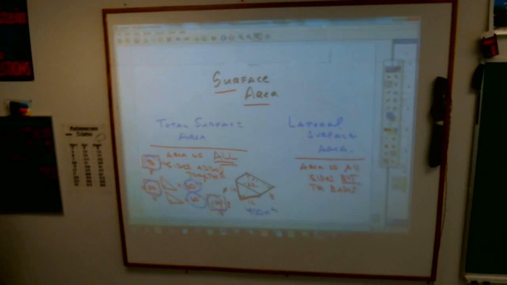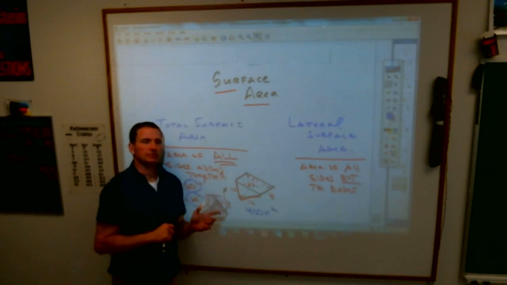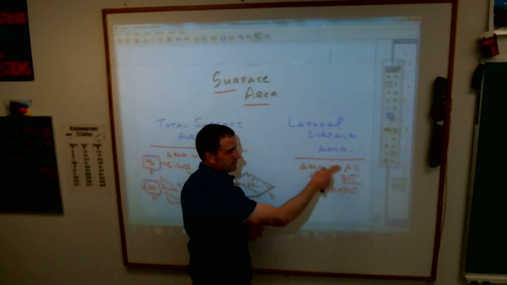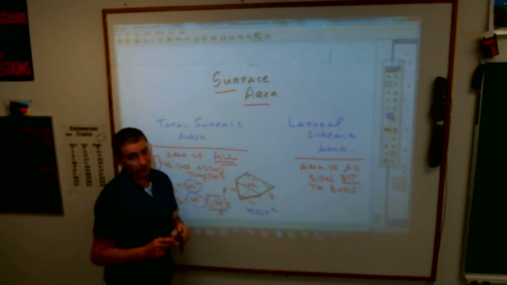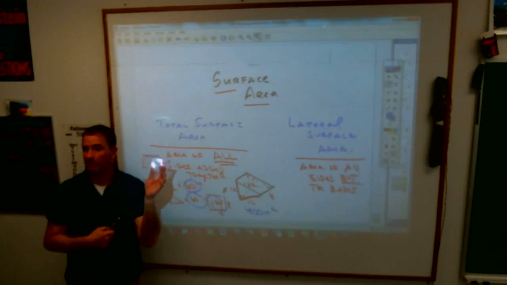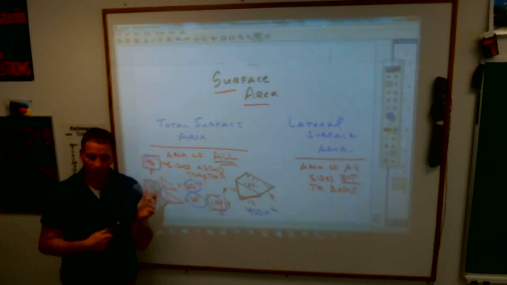How is that different than lateral surface area? Lateral surface area is the same exact thing, except you don't count the bases. We really call it the area of the sides, but in order to do lateral surface area, you must know what the bases are. When you think of bases of three-dimensional shapes, think of the loaf of bread theory.